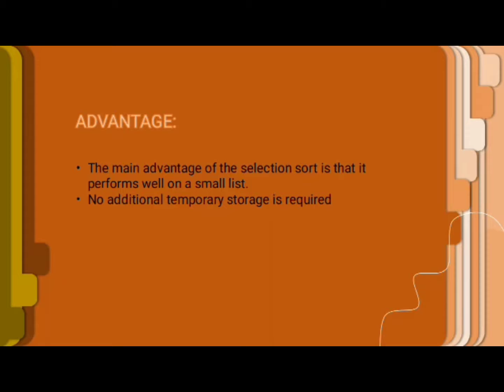Just like, based on our own experience, if we are carrying small objects, it is easier to carry. Next, no additional temporary storage is required, meaning we don't need any temporary storage to put the items. Next is its disadvantage.